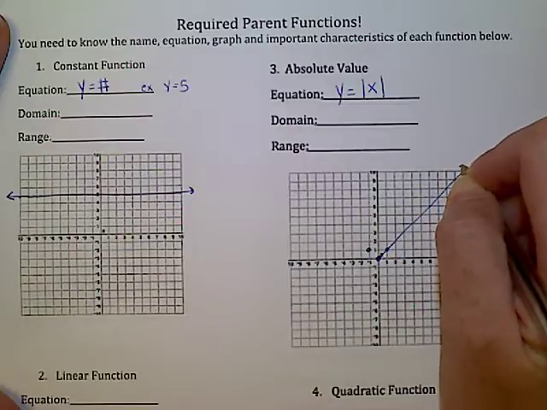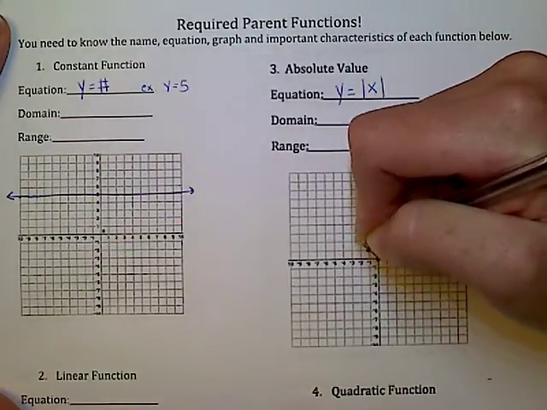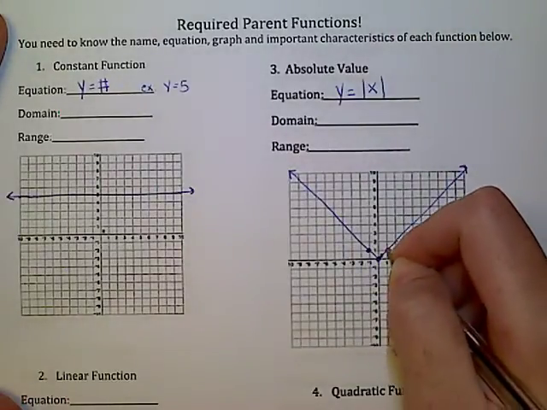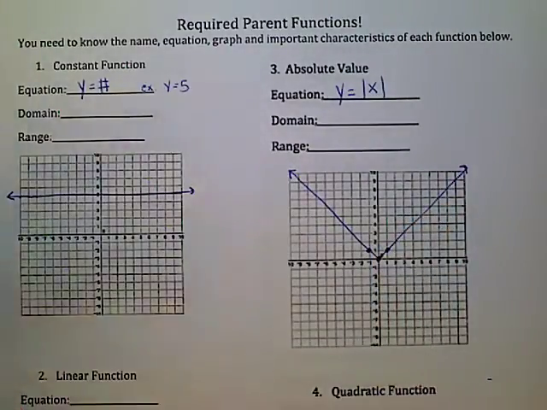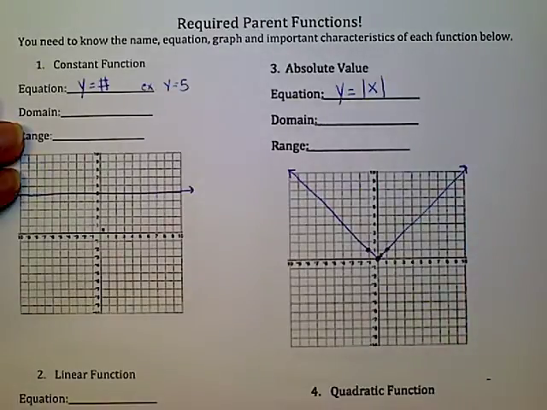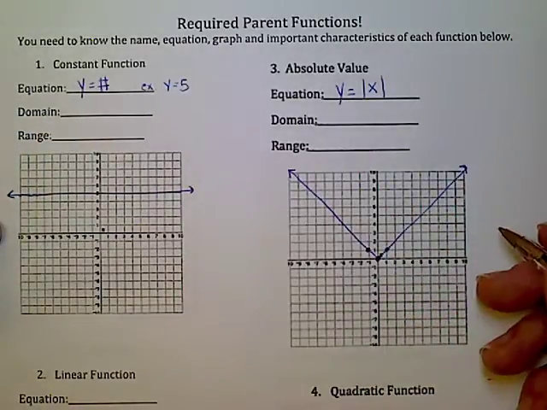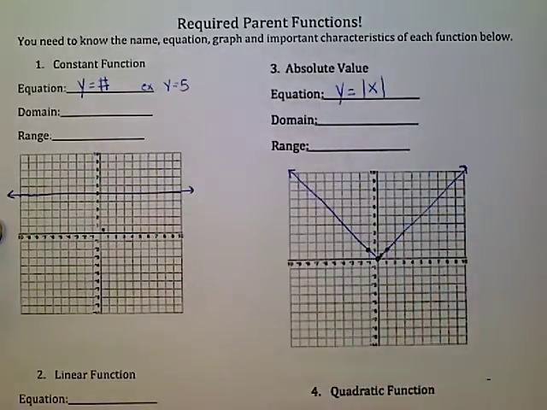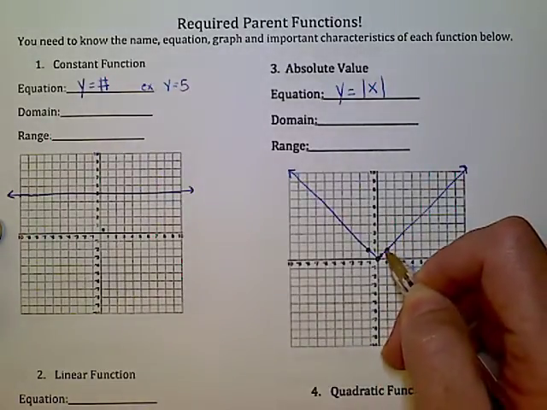And we have this V-shaped graph. Now I make you put these points on here so that when we start moving this graph around, I can see how you're moving those points around. Once you have those points, you just got to make sure you have this V shape. You can put more points on the graph, that's fine. You could put a point at (2, 2) and (3, 3), but you have to have at least these points.